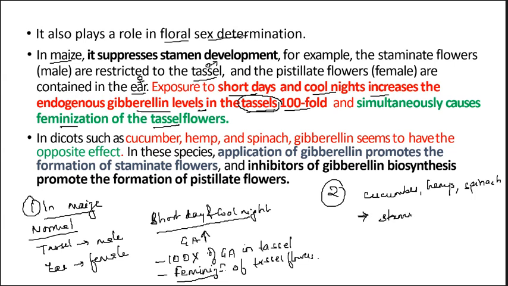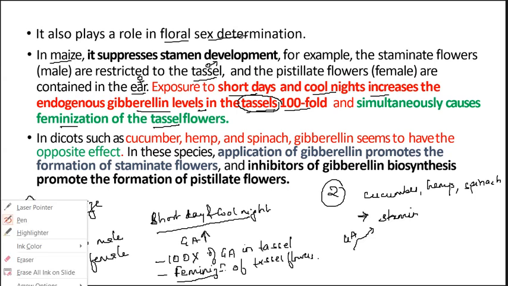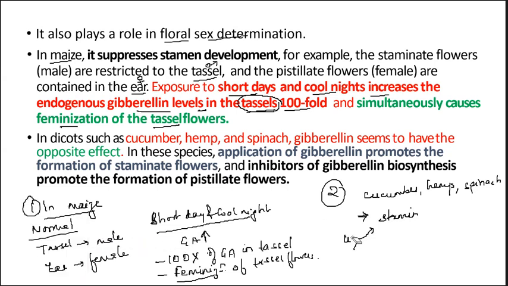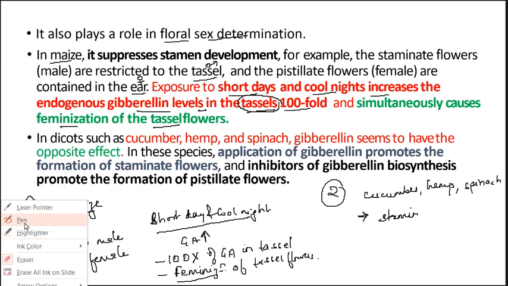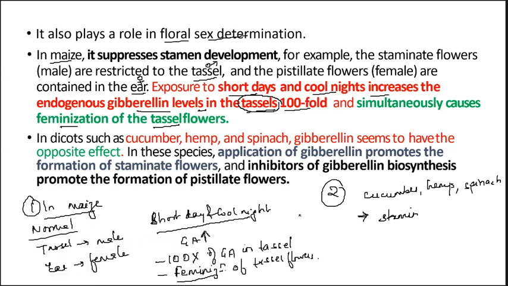When gibberellin is applied here, GA causes the formation of staminate flowers. So in maize it forms pistillate or female flowers, but here it forms staminate flowers.